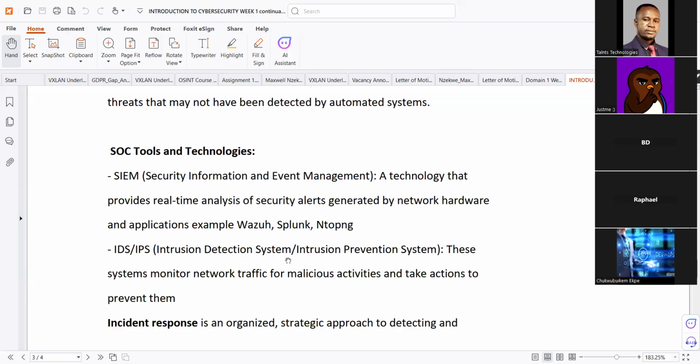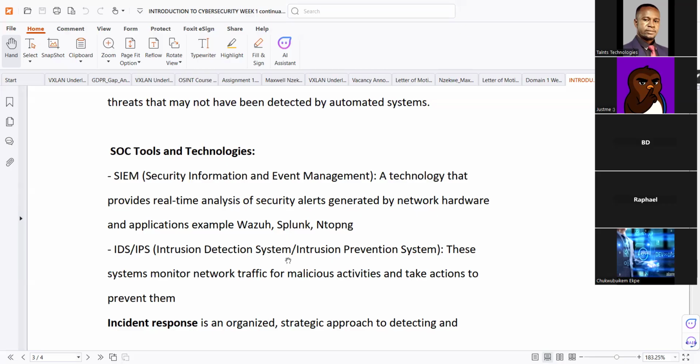We've talked about Wazuh, Splunk, and so on. So you are going to learn how to configure Splunk and Wazuh, any of them. Then IDS and IPS. IDS is intrusion detection system, while IPS is intrusion prevention system.